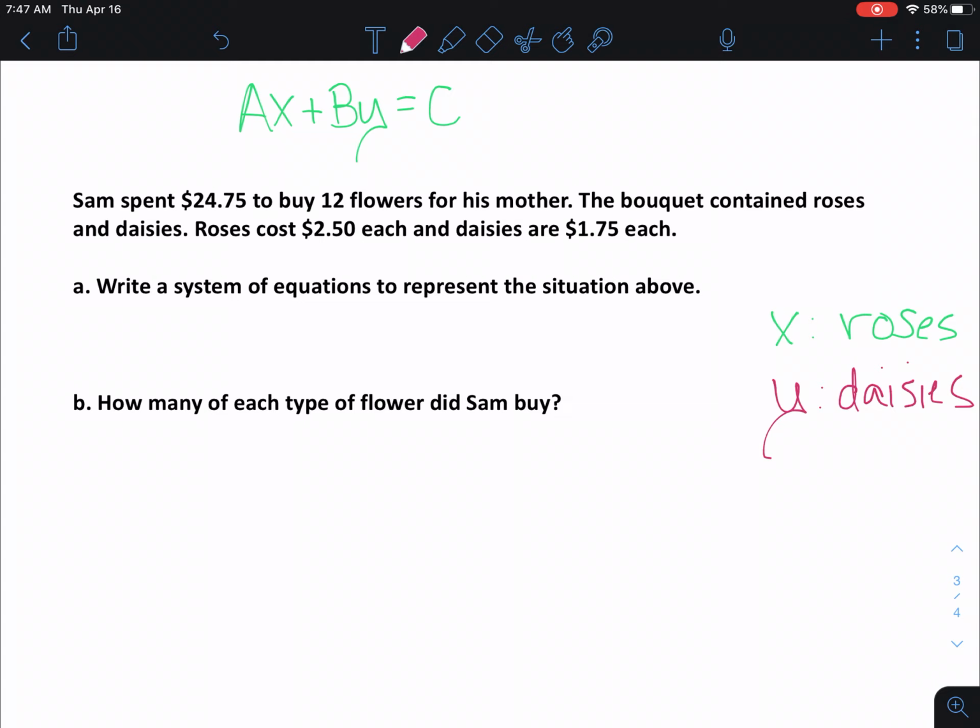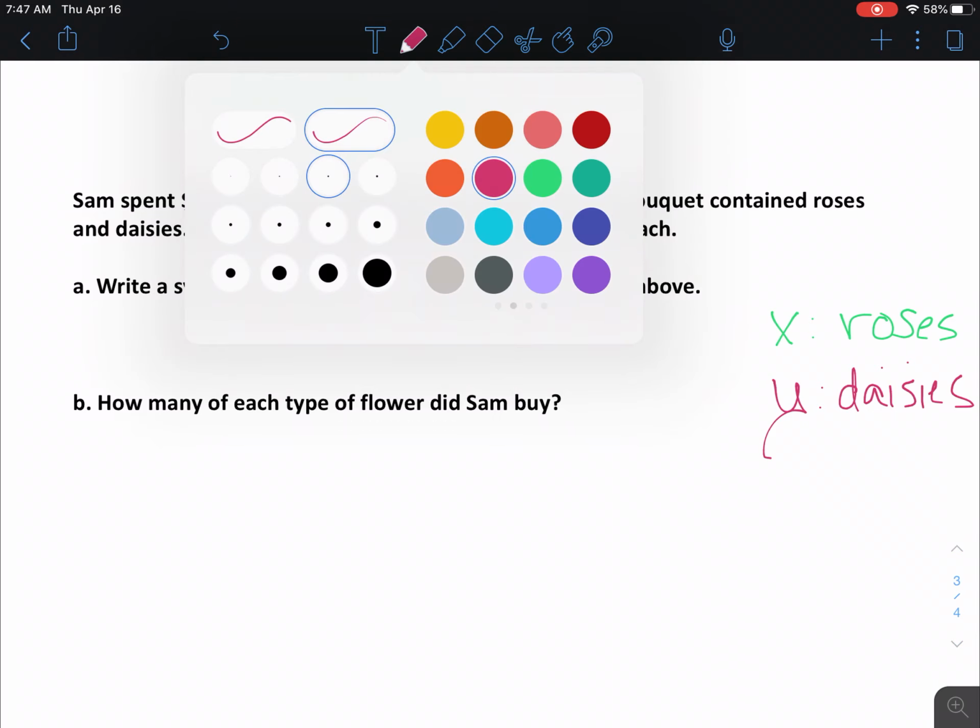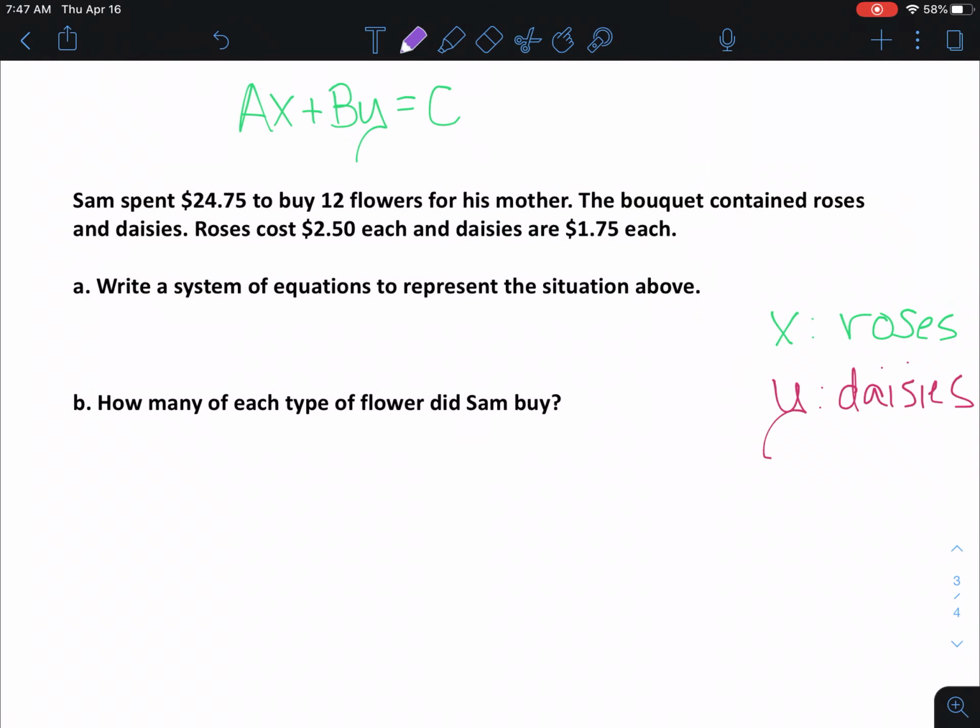All right, it says Sam spent $24.75 to buy 12 flowers. You're going to have one equation that's just about cost. So let's look at the stuff that's all about cost. We know he spent a total of $24.75. We know that roses are $2.50 each, and daisies are $1.75.